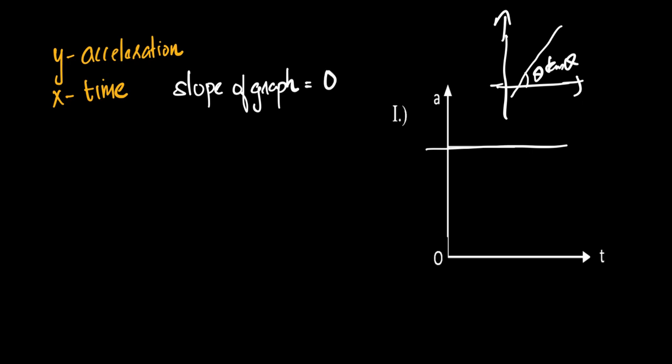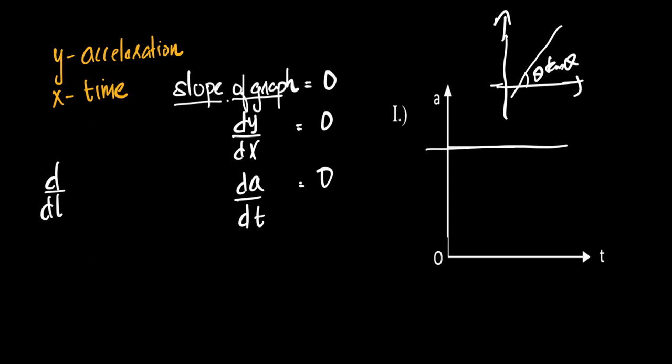Now, what is slope of the graph numerically? Numerically, slope of the graph is change in y-axis by change in x-axis. What is y-axis here? Acceleration, right? So we can write that this is change in acceleration by, what is x-axis? Change in time is equal to 0. Now when d by dt of acceleration is equal to 0, it simply means that d by dt of a constant is equal to 0.